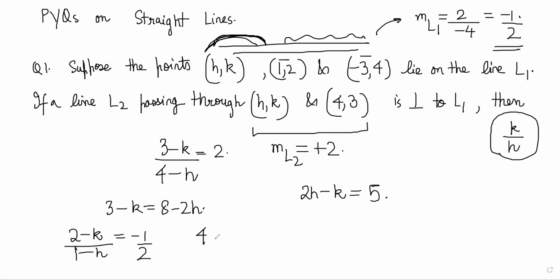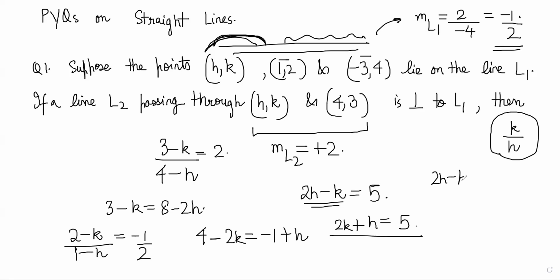So you get 4 minus 2k is equal to minus 1 plus h, and you get 2k plus h is equal to 5. So 2h minus k is 5 and 2k plus h is 5. So 2h minus k is equal to 2k plus h, and you can get h is equal to 3k. And k by h is equal to 1 over 3, right?